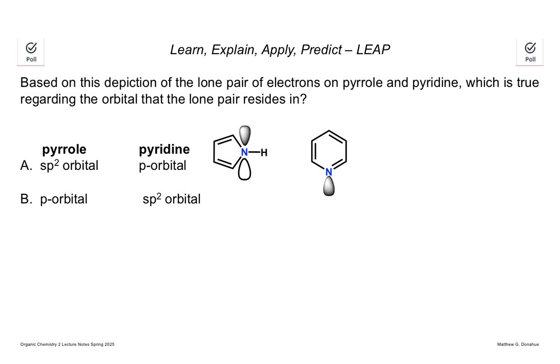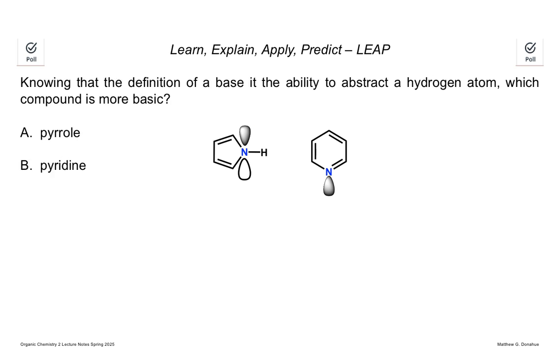So to polish these off, pyrrole, the lone electron pair is in a p orbital, pyridine sp2. And pyridine is more basic.